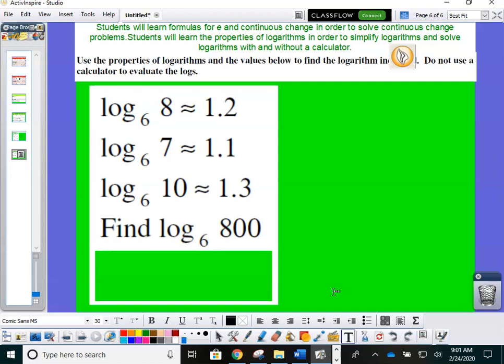8 times 100. So I could change this to say the log base 6 of 8 times 100. Okay, well, I still don't know 100, but I could change that to say the log base 6 of 8 times 10 squared, right?